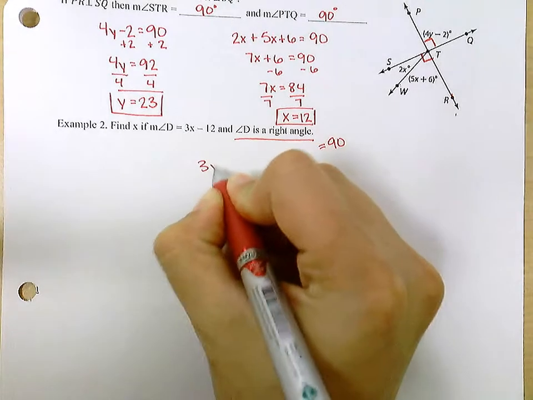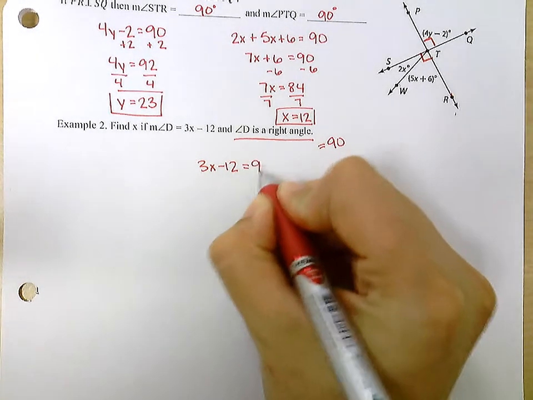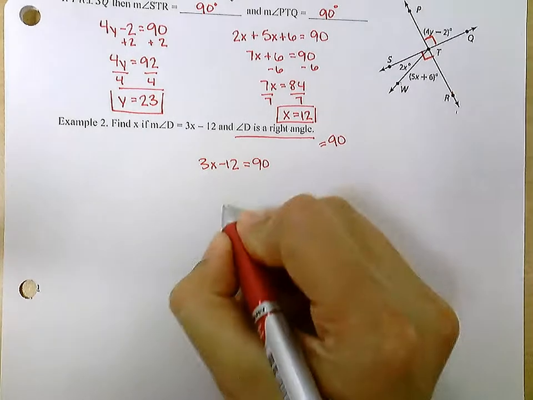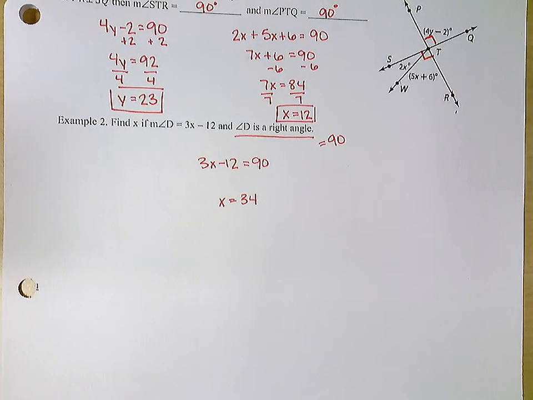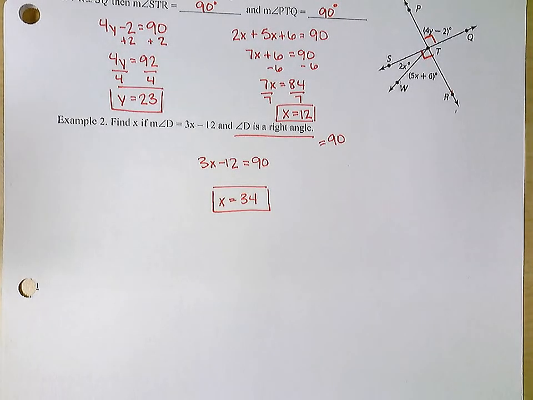So you can set that 3x minus 12 equal to 90 degrees to solve for x. And you should get x is equal to 34. And those of you that showed me, you did get that correct. Okay, any questions on how I set those problems up?